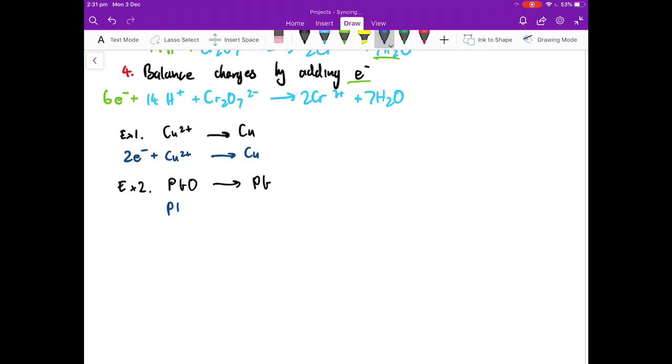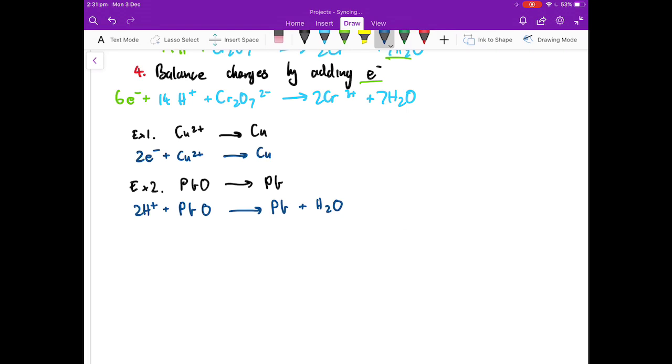We've got PbO going to Pb plus H2O. Now let's balance our hydrogens. Let's add 2H plus on the left-hand side. And finally, to balance our charges, we're going to have to add 2e minus to our left-hand side. And that is going to be our final equation.